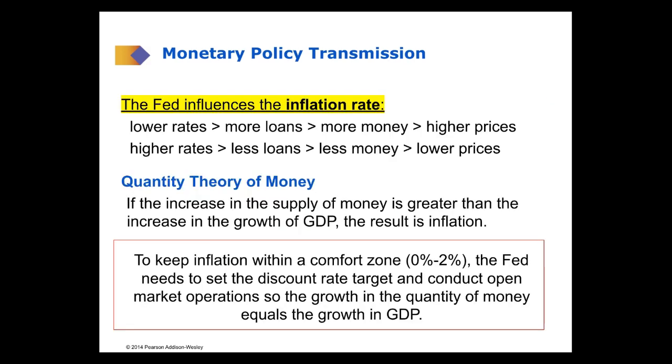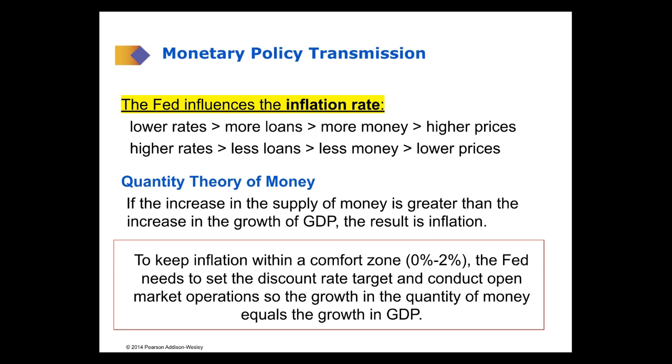And if we go back and look at how the Fed wants to influence inflation, if they feel that inflation is maybe too low, they're going to lower rates. When they lower rates, there's going to be more money in the system, more loans rather. When the Fed lowers rates, they increase the amount of reserves.